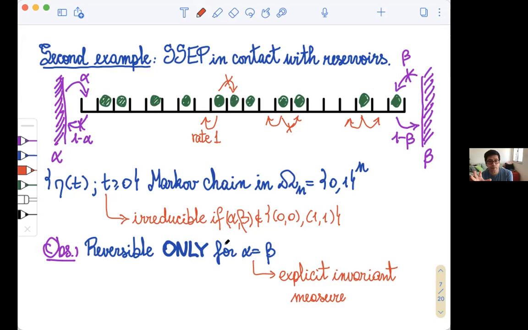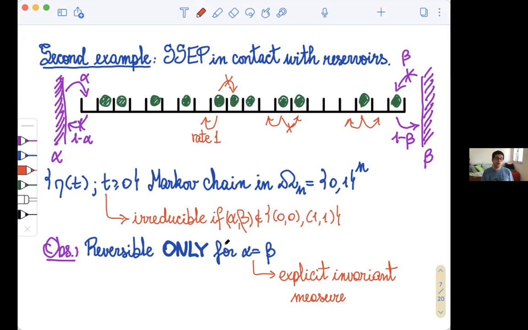So from a mathematical point of view, we have these non-reversible Markov chains which arise naturally in many contexts, and we want to study their invariant measures.